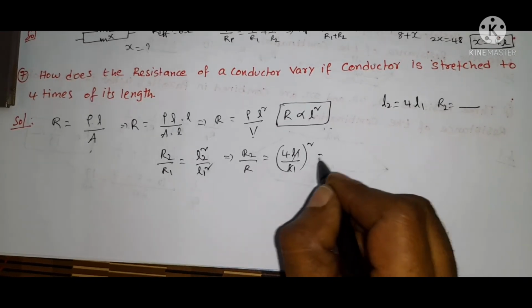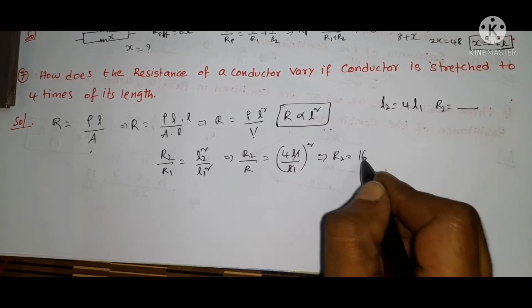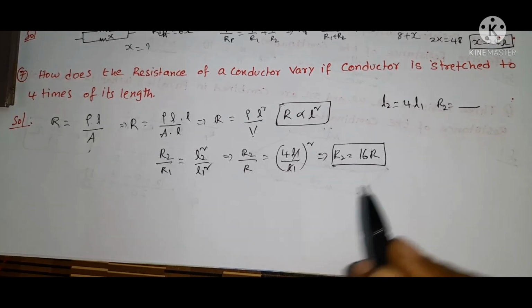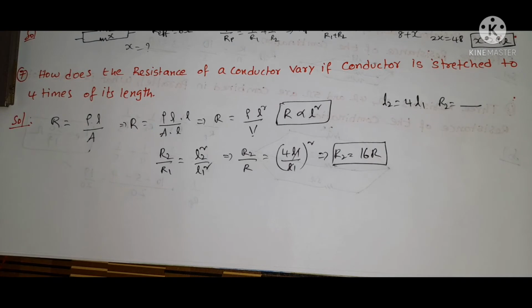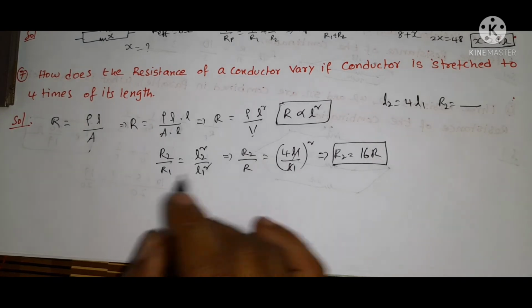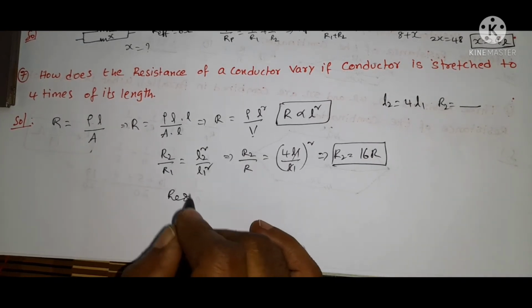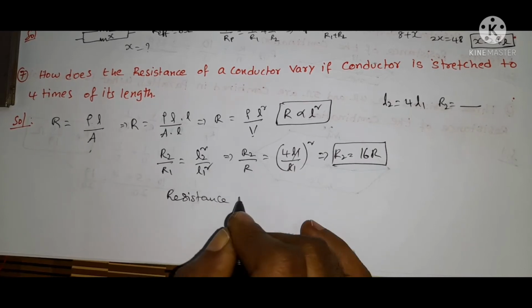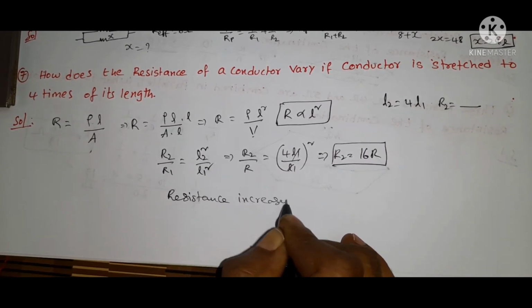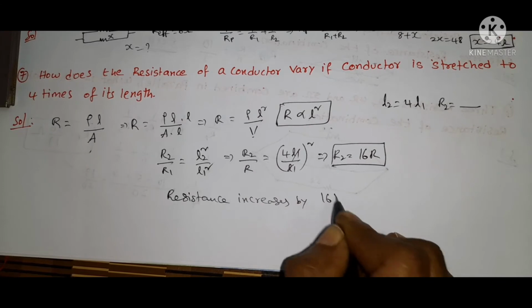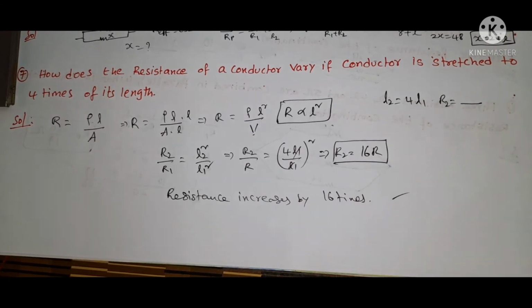L1 cancels, 4 times 4 is 16. That is R2 is equal to 16R. So resistance will increase by 16 times. So simply you can write here: resistance increases by 16 times. So that is the answer.